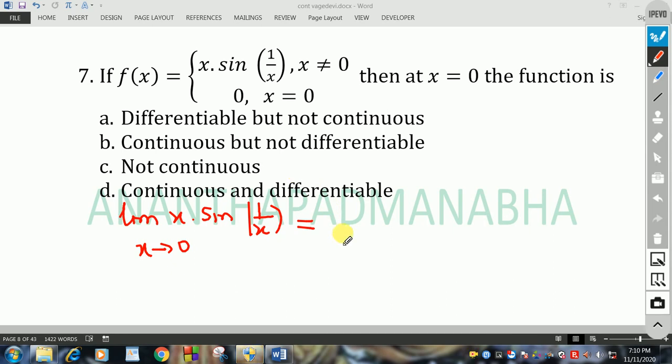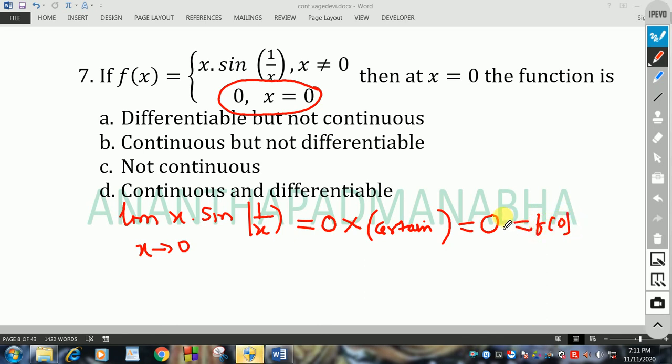As x approaches 0, this x is 0 into, we know that sine is a value from -1 to +1. So it is a certain value. I have a certain value for sine of 1 by x. So 0 into a certain value is 0, and it is given that the value of the function at x is equal to 0 is 0. Therefore it is f of 0. So we can say that the function is continuous at x is equal to 0.